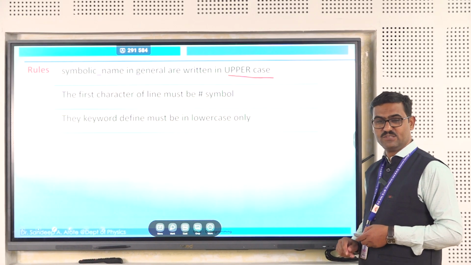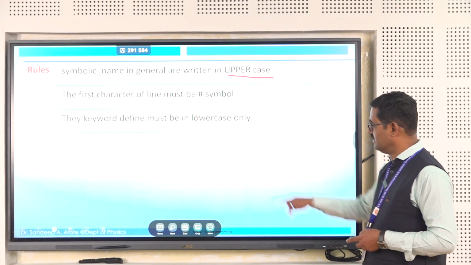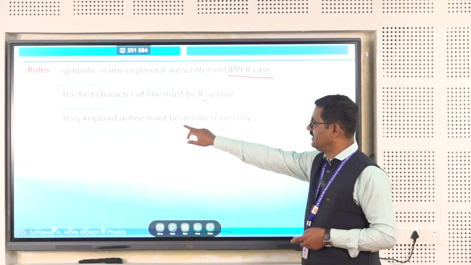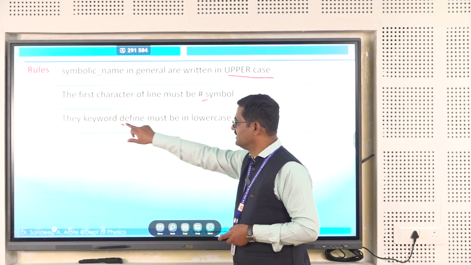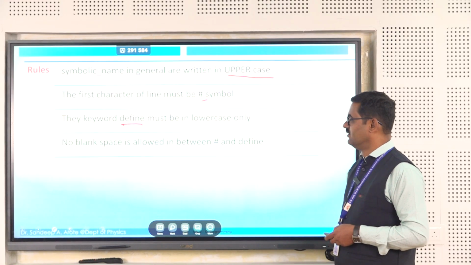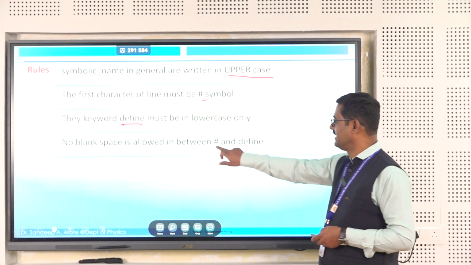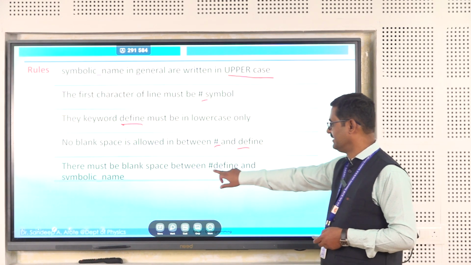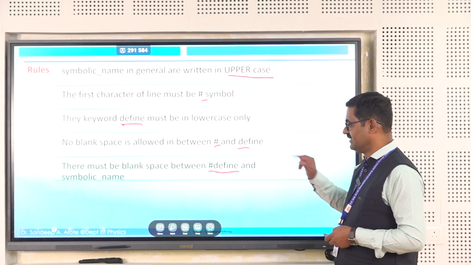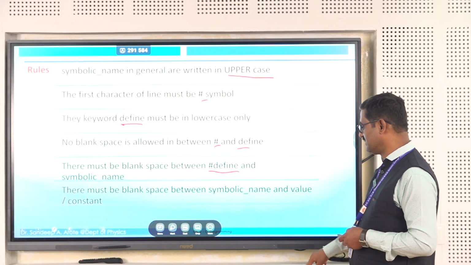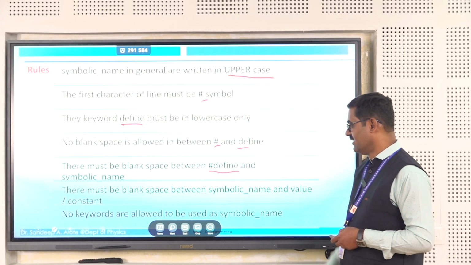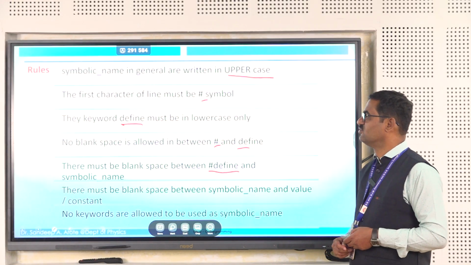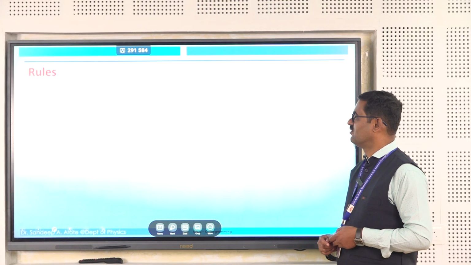The first character of this line must be a number sign, then the keyword define must be in lower case, this is very important. Then no blank space is allowed between number sign and define. There must be a blank space between define and the symbolic name. There must be a blank space between the symbolic name and value, and no keywords are allowed to be used as a symbolic name. So, these are the rules to construct the symbolic constant.